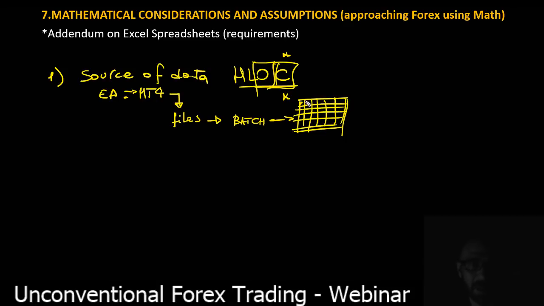Okay, so we'll have euro dollar, euro USD, euro CAD, euro Swiss franc, and so on. Then I have GBP, Aussie, Swiss franc, all the crosses for each of these values.